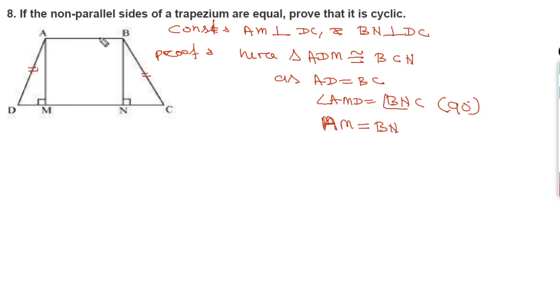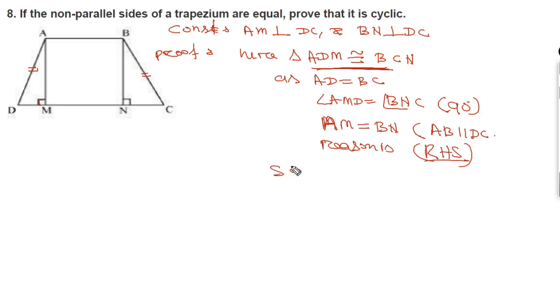Why? As AB is parallel to DC and AM and BN are the perpendicular distances, they must be equal. The reason is AB parallel DC, and the criterion for congruency is right angle, hypotenuse, side. Reason is RHS.